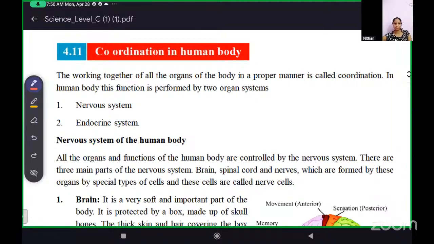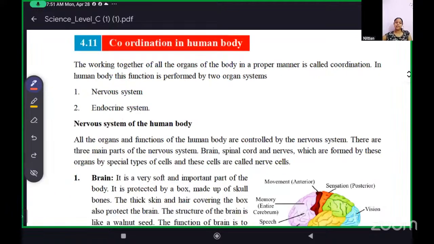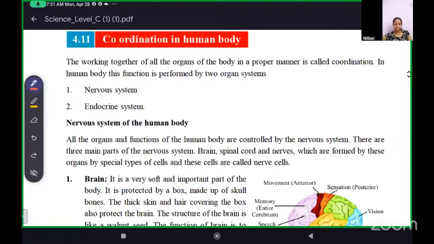Hi, ma'am. Okay. Now, 4.11 is the coordination in the human body. What does coordination mean? Coordination means when two things work together in harmony, helping each other out.